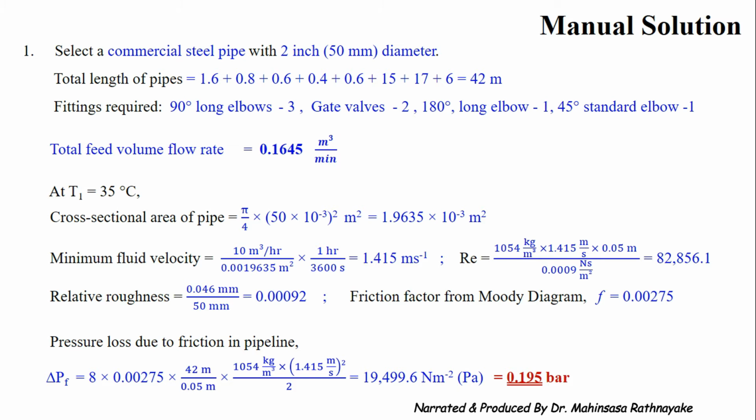The total volume flow rate is equal to 0.1645 cubic meters per minute at 35 degrees Celsius temperature.